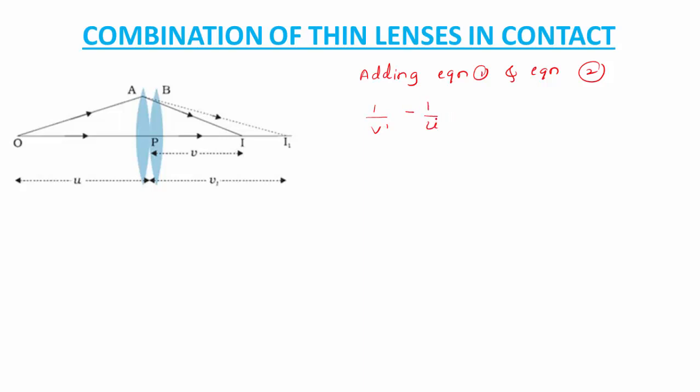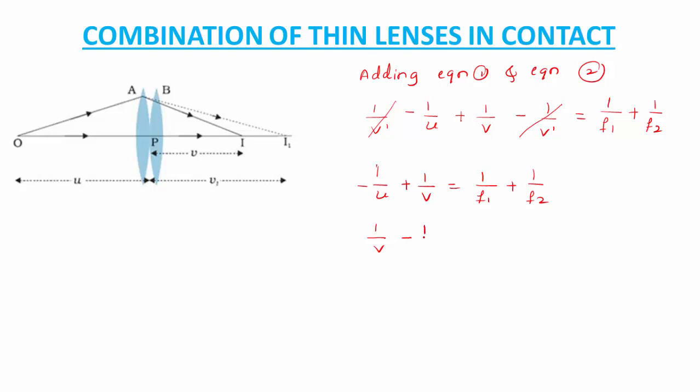Similarly, equation 2 RHS is 1 by v minus 1 by v dash, and the LHS is 1 by f1 plus 1 by f2. Adding both equations, 1 by v dash minus 1 by v dash get cancelled, remaining is minus 1 by u plus 1 by v equal to 1 by f1 plus 1 by f2, or it can be written as 1 by v minus 1 by u equal to 1 by f1 plus 1 by f2. Right?